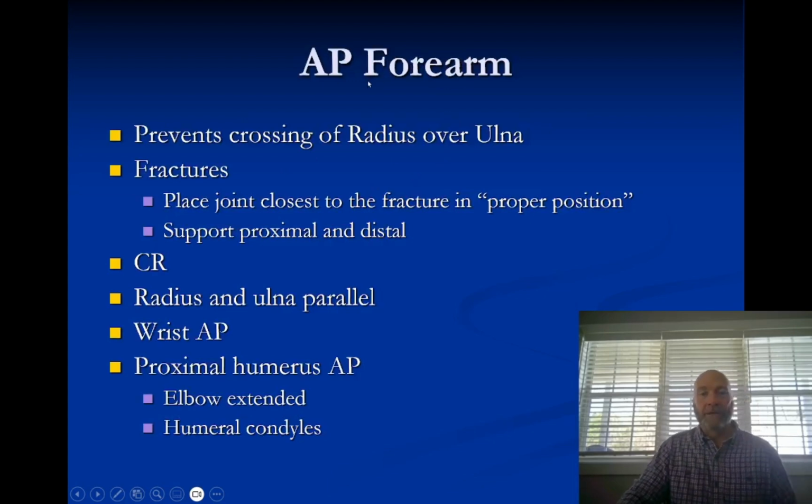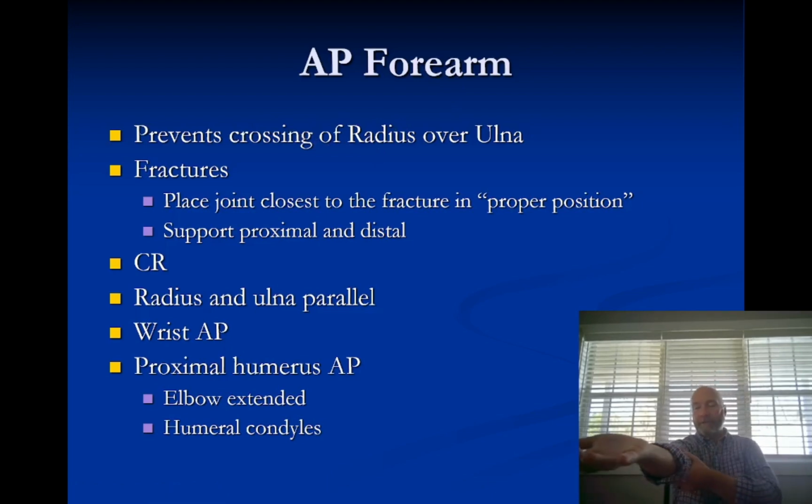The reason we do AP of the forearm is it prevents the radius from crossing over the ulna. When we rotate our forearm, or rotate our wrist from supination to pronation, the elbow may move a little bit, but most of the rotation is at the ulnar head, which just swivels.